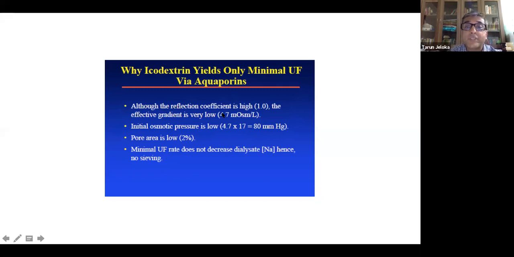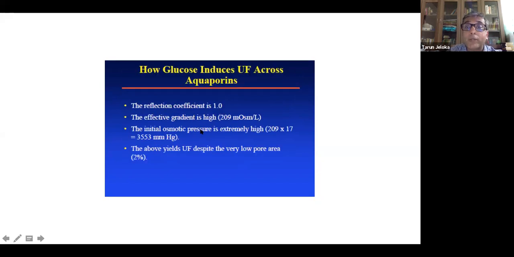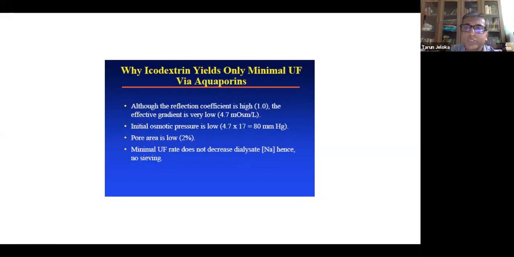Same thing with icodextrin: we know that the osmotic gradient is 4.7. To calculate osmotic pressure, you multiply by 17, which is 80. And 80 as compared to 3,500 is a huge difference. Since the pore area of aquaporin is only 2%, this small osmotic pressure cannot excite the aquaporin, and hence icodextrin doesn't work through aquaporin.